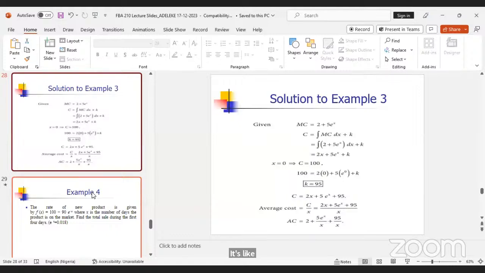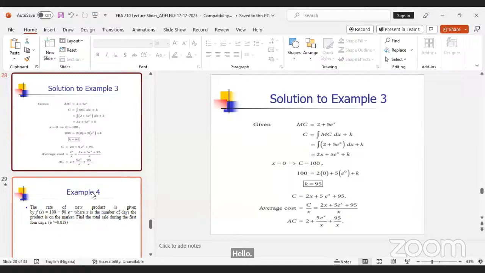There are just 2 terms there, 2 and 5e^x. So if you integrate 2, it gives you 2x. If you integrate 5e^x, it remains 5e^x. Then you add k to it, that's all. The rest is you now have extra information. So when x equals 0, you will have your k.